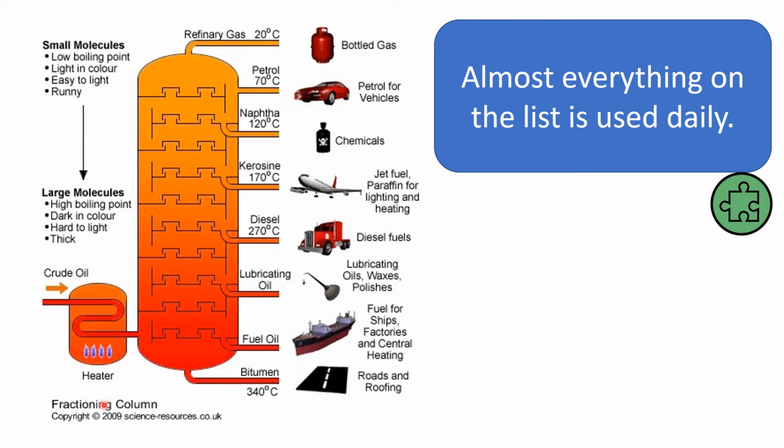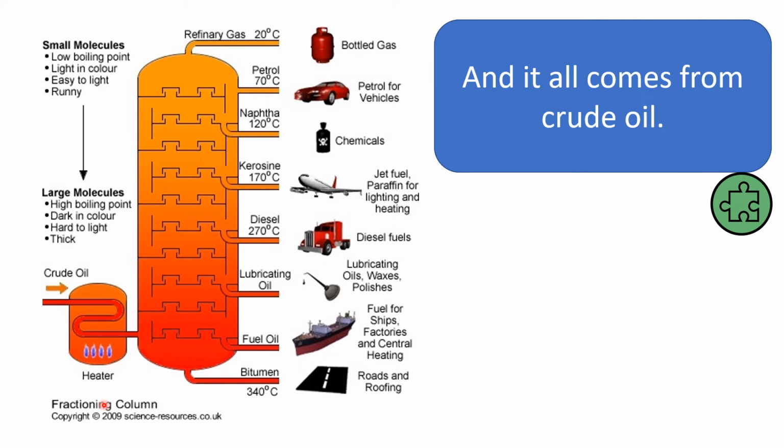If you look at that list there, we're using almost everything on that list on a daily basis. Even if you're not driving a truck, you will use something today that has arrived at the shop on a truck that you've then bought. And it all comes from crude oil, and we know that crude oil is finite, it's going to run out.